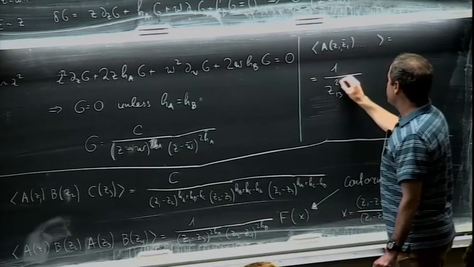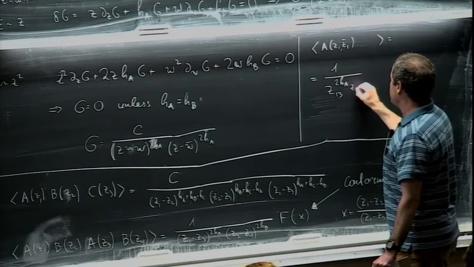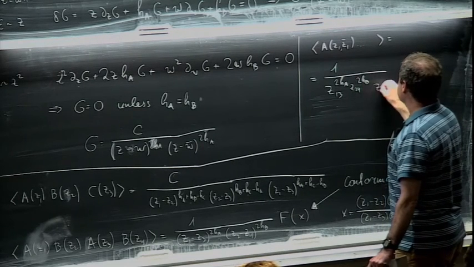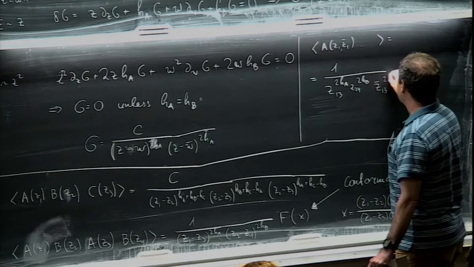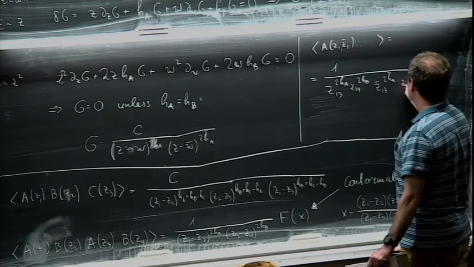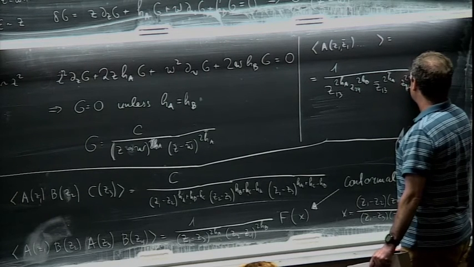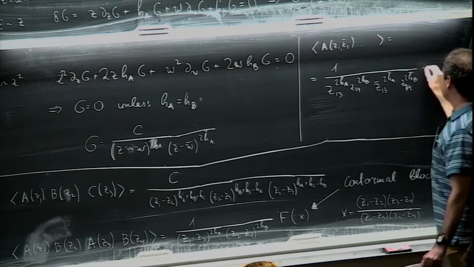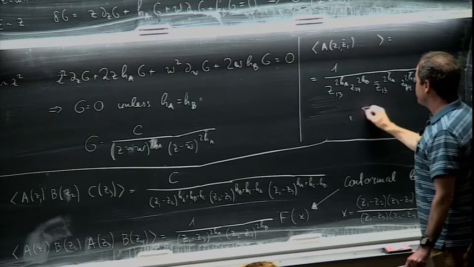So z13 to the 2ha, z24 to the 2hb, z13 bar to the 2ha bar, z24 bar to the power of 2hb bar, and then that gets multiplied by a sum.